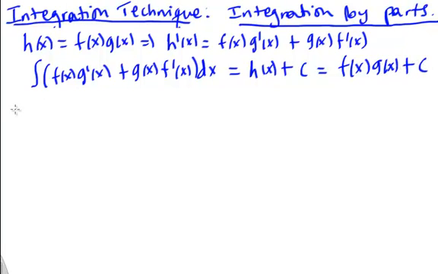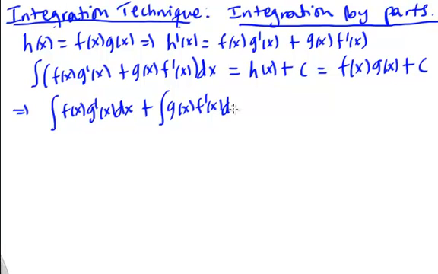In other words, the integral of f of x times g prime of x dx plus the integral of g of x times f prime of x dx equals f of x times g of x plus c.